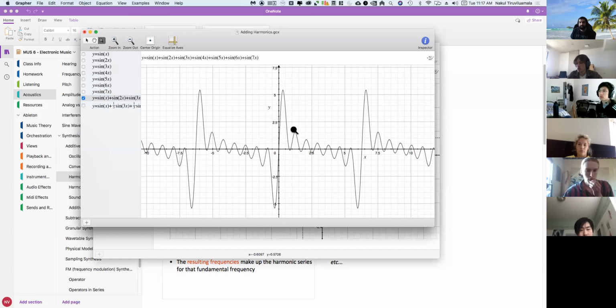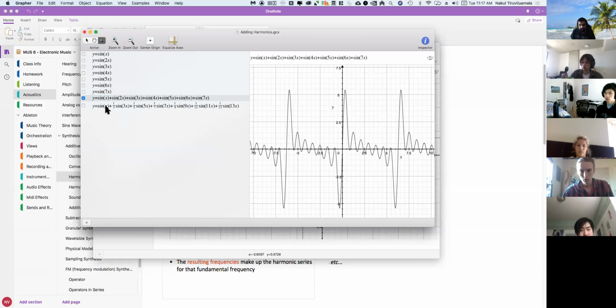Okay. If I added all these waves together, I would actually get a wave that looks kind of interesting, like a different wave. If I added sine of x and sine of 2x and sine of 3x, I would get this other wave. And my equation is this, sine of x plus sine of 2x plus sine of 3x, plus sine of 4x, etc.